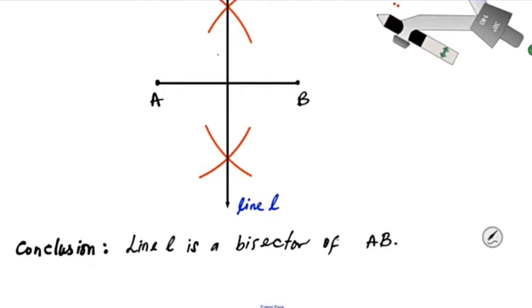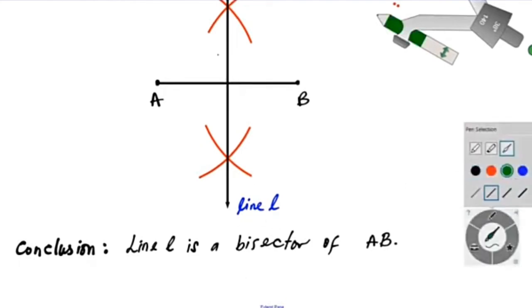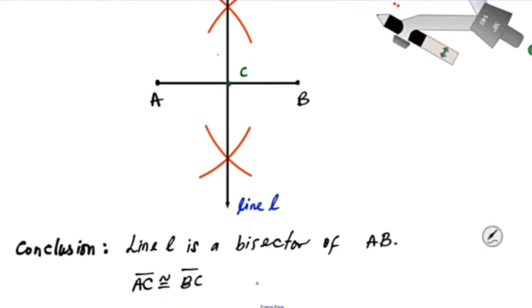You can then label the midpoint of AB C, and you can say AC is equal to BC, because we have divided AB into two equal parts.